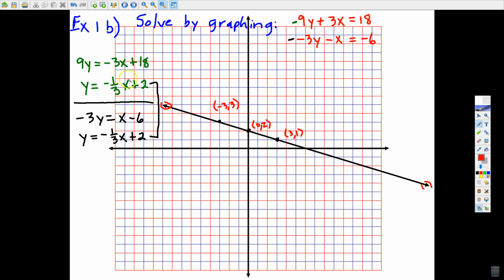So when this happens, when it's really just the same equation given twice, we're going to call this an infinite number of solutions. And I hope you understand why, because there's no way to ever list all of the ordered pairs on a line because lines go infinitely in both directions. Okay?